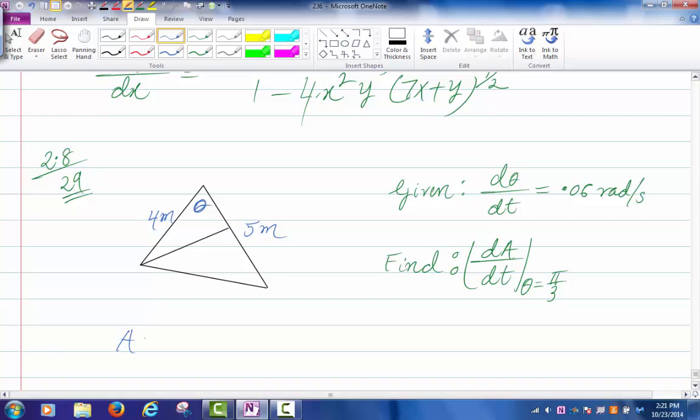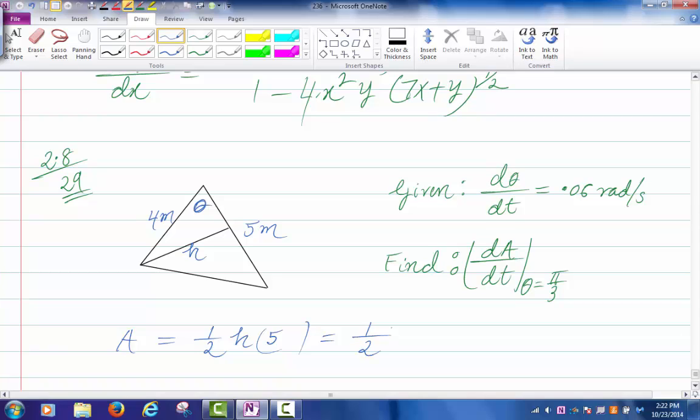What's the area of the triangle, anybody? Let's call that h. 1/2 h times what? 5, right? So this is a perpendicular to the length 5. And then what is h?